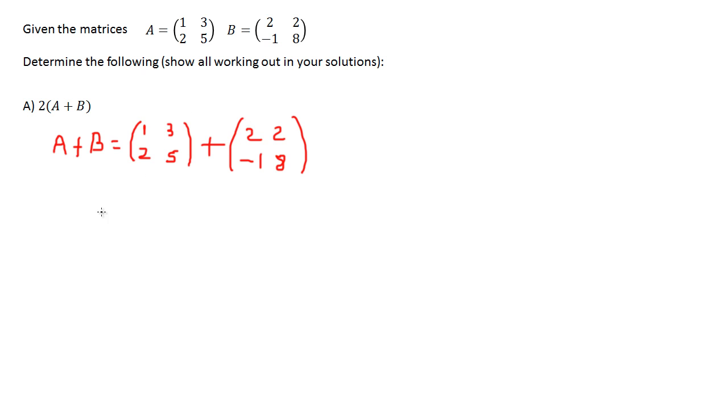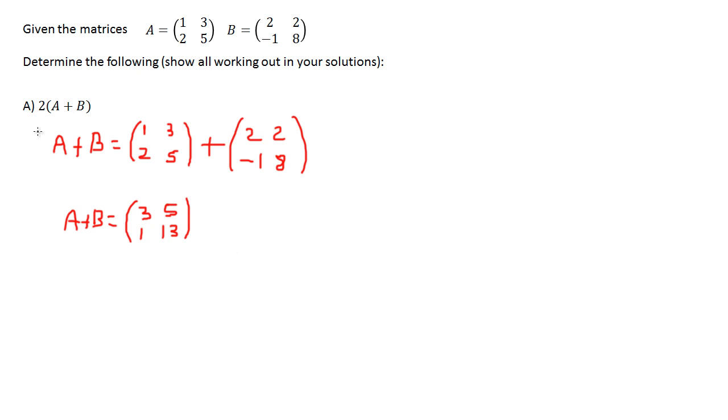So the answer will be 1 plus 2, 3, 3 plus 2, 5, 2 plus minus 1, 1, 5 plus 8, which is 13. Now, this is the answer to A plus B, but this is not what we want.